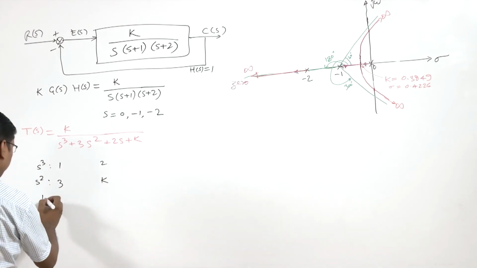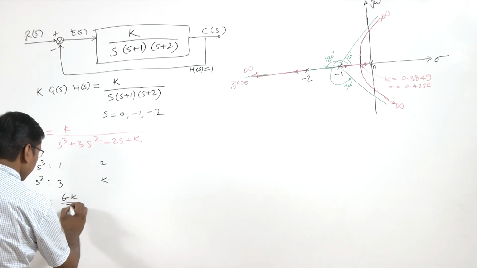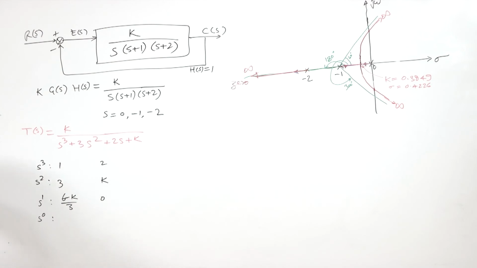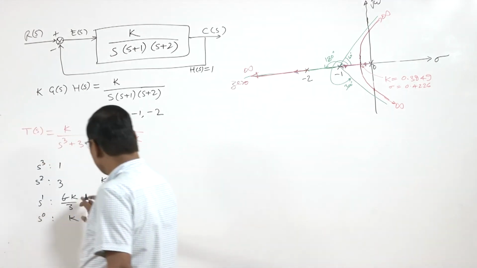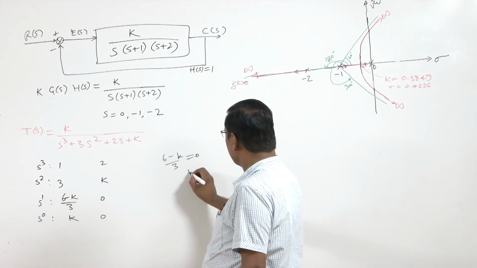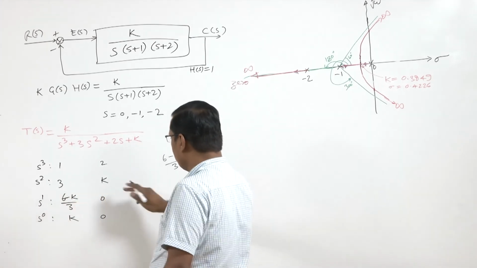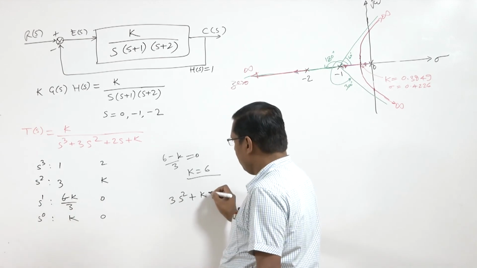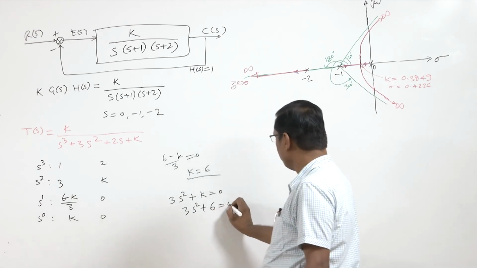So, here S1 we will get (6 minus k) by 3 and 0, and S0 we will get k and 0. So, if (6 minus k) by 3 equal to 0, this means k equal to 6, this row will be 0, and so we have the polynomial 3s square plus k equal to 0, so 3s square plus 6 equal to 0.